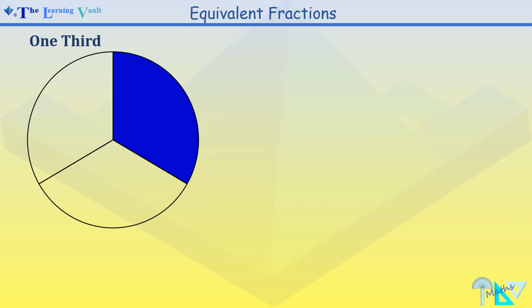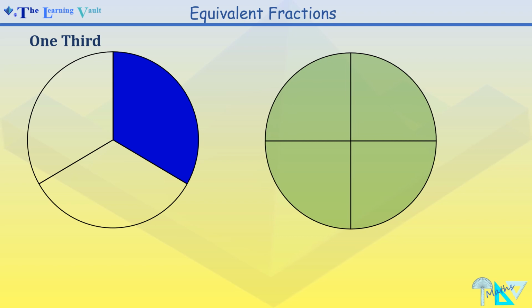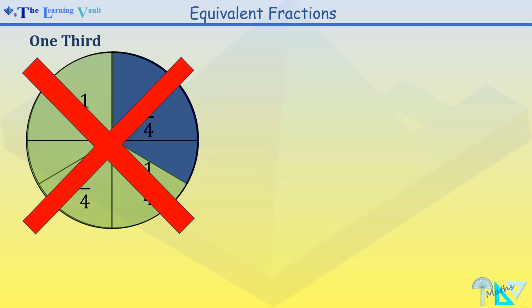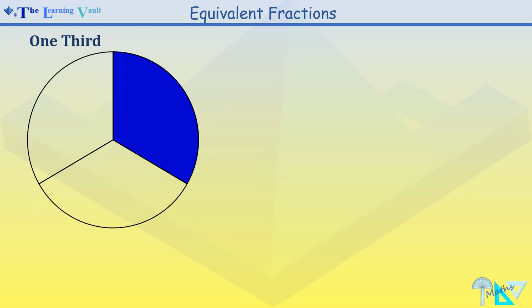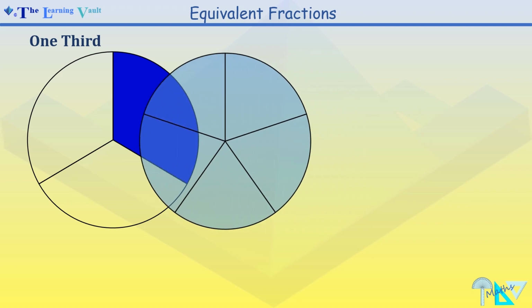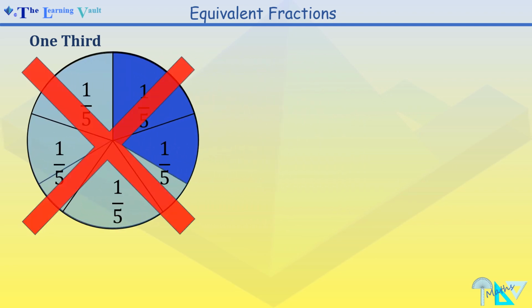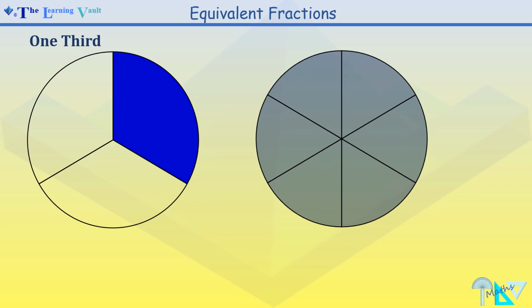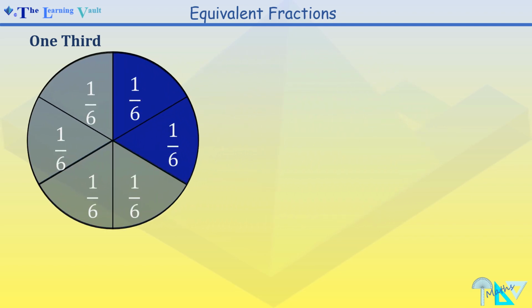Now for the next one, we're looking for fractions that are equivalent to 1/3. And we'll place that. This is our circle divided into 4 equal parts, and no equivalents here. Try the same with the next one. Our 1/5, and no equivalents here. We tried this with our circle divided into 6 equal parts, and yes, we do have an equivalent here.